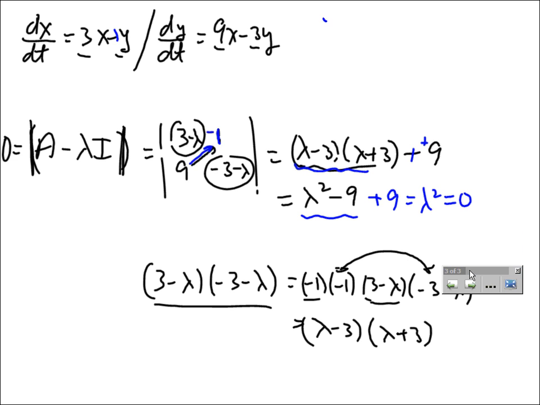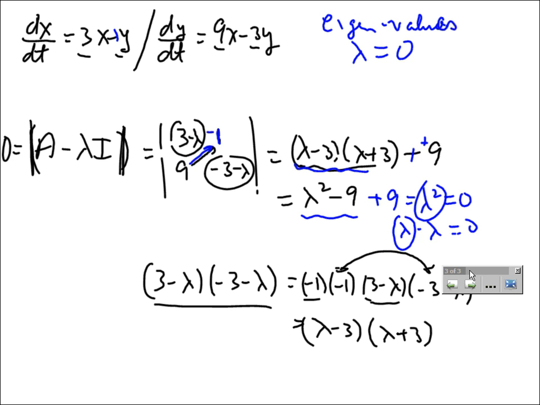That means when it comes to the eigenvalues, we have a repeated one. This really means lambda times lambda equals 0. So either that's 0 or that's 0. Repeated. You had one root.